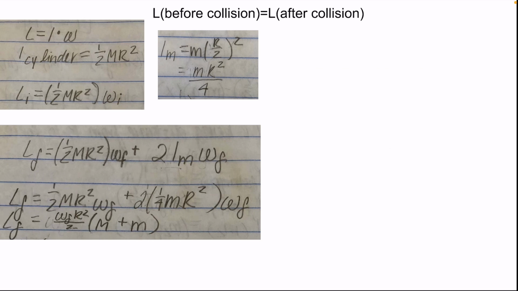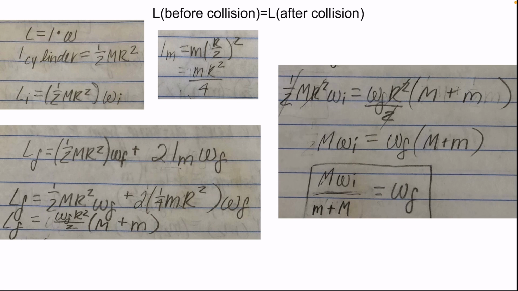So I did that, giving us L final equals omega final times r squared over 2 plus big M plus small m. Now we're just going to set that initial momentum equal to the final.